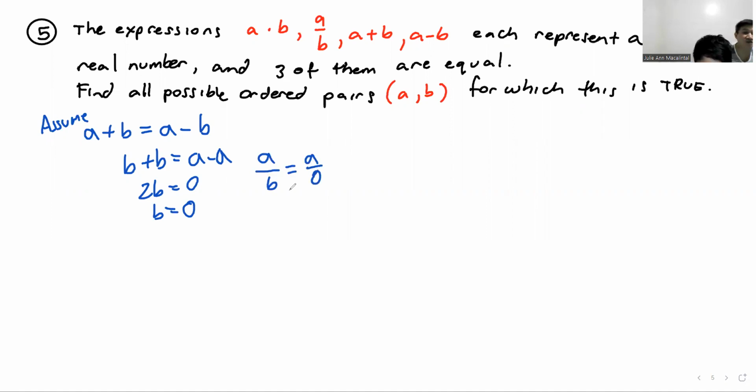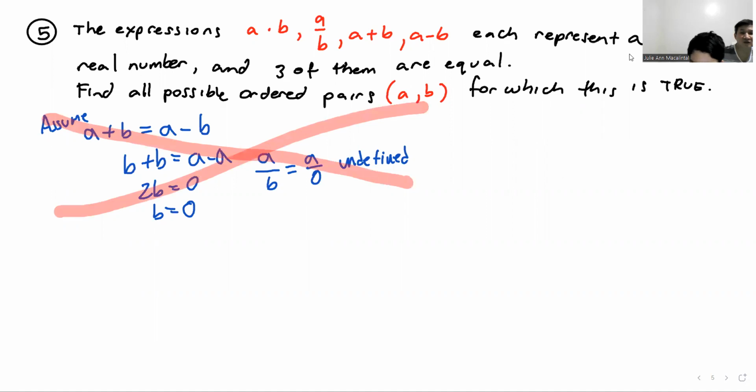If b is 0, then a over b is undefined. It says here each represents a real number. So this entire case is wrong. Let's leave it there as a proof.